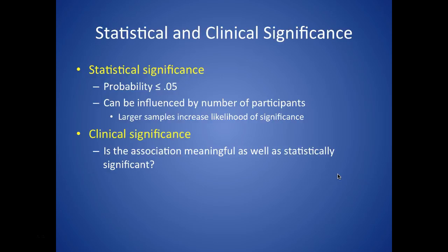You use statistical models to indicate the probability that the observed differences would have occurred by chance alone, and if you find that it would occur less than 5 in 100 times, you say it's statistically significant.